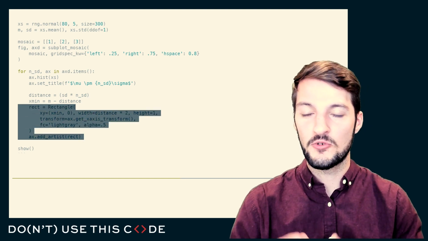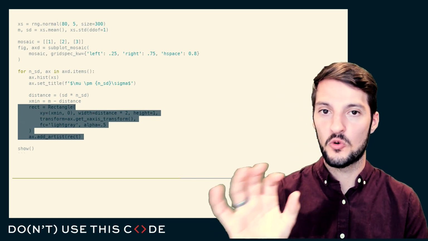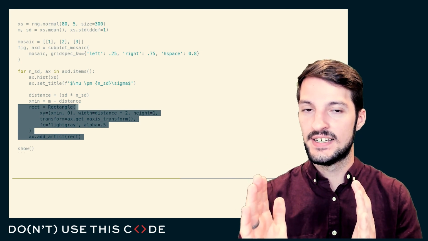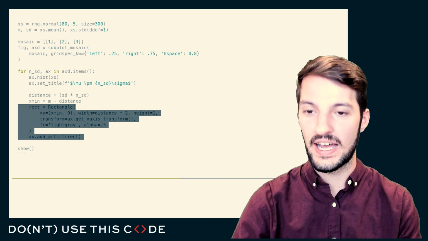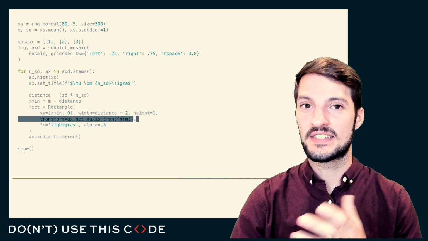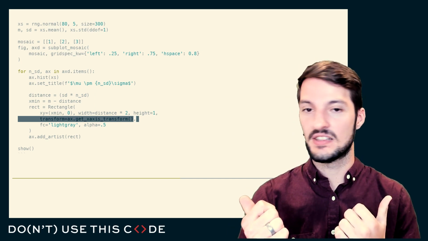Here I'm highlighting that I'm going to be drawing a rectangle that goes from some coordinate on the data coordinate system in the x, but uses the axis coordinate system in the y. And this transform is what the x-axis does for us. If you think about the x-axis, it's in charge of the x limits, right?